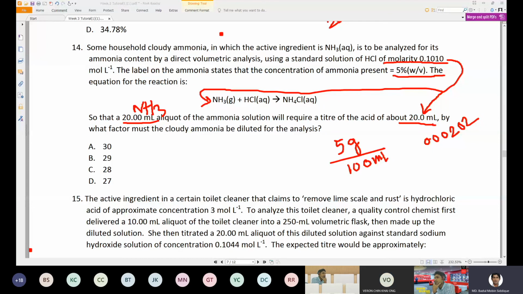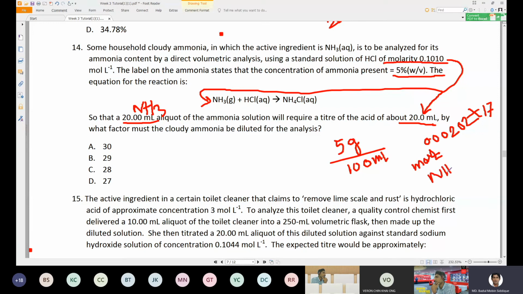We already know the molar mass of ammonia is 17, so let's multiply with the 17, and then we get the mass of ammonia.